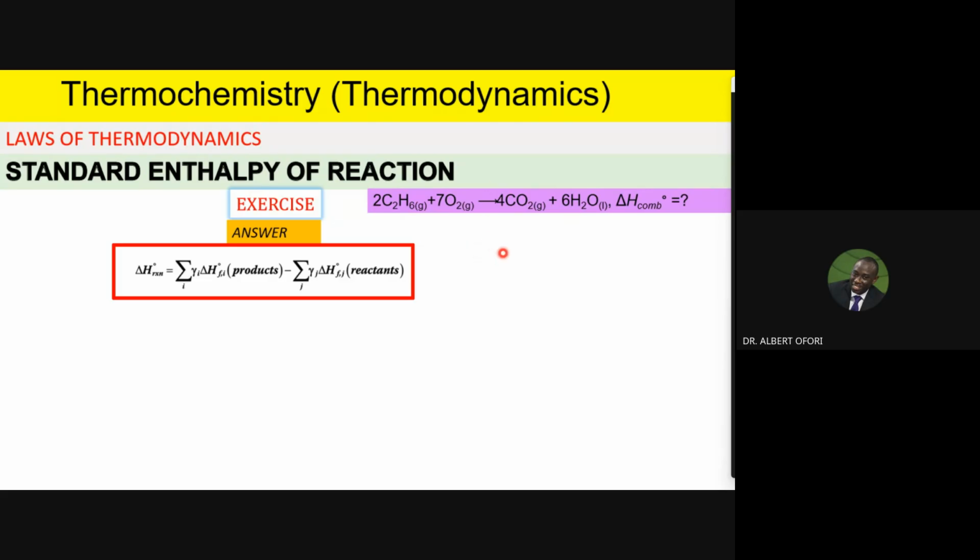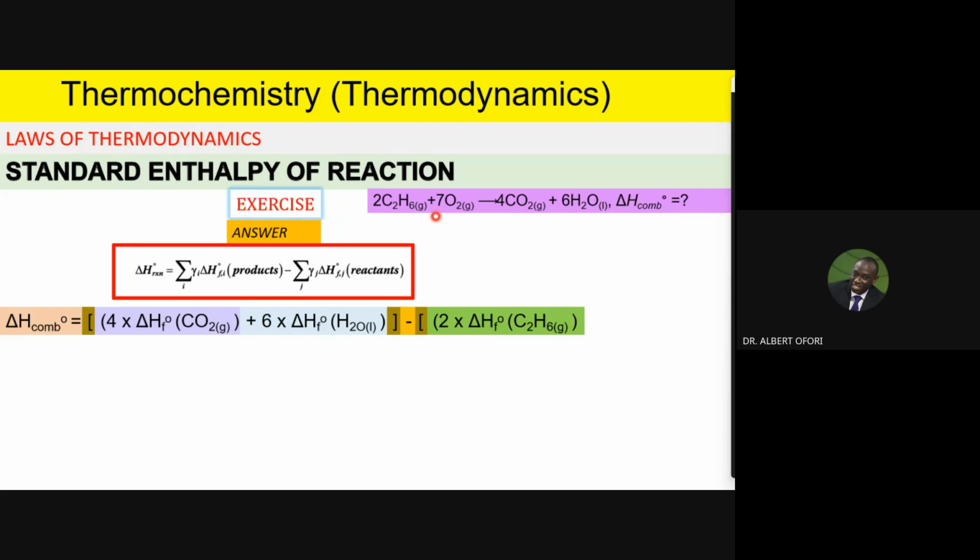Now, what's the summation of the enthalpies of the products? That is 4 times the enthalpy of formation of carbon dioxide plus 6 times the enthalpy of formation for water, minus 2 times the enthalpy of formation for ethane, plus 0 for oxygen. So that's the formula: the summation of the products minus that of the reactants.